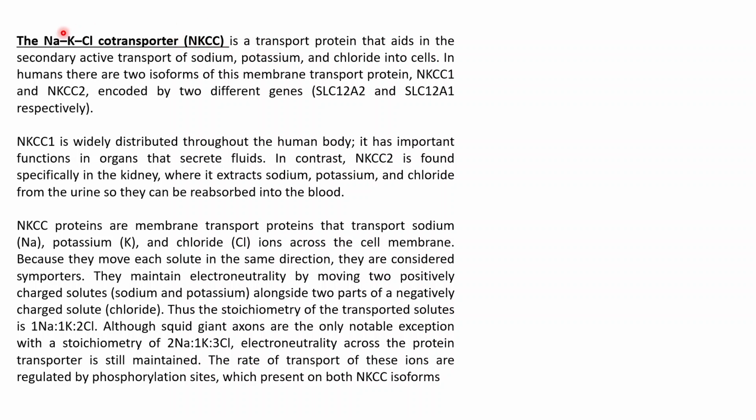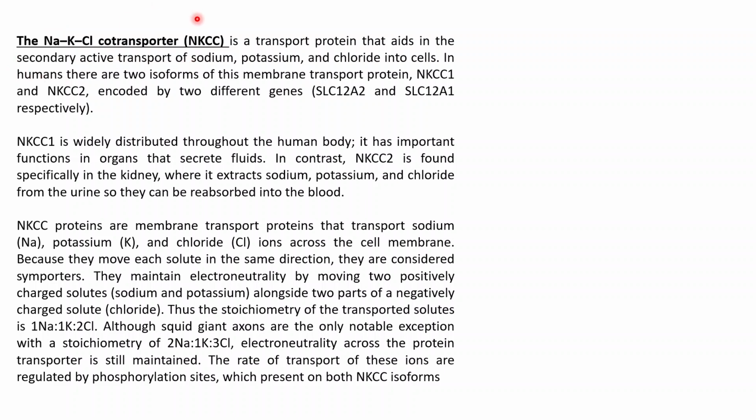Why? Because the primary active transport mechanisms utilize ATP directly, ATP lysis directly, and the energy released from it is what they directly use to set up a concentration gradient. And moving along that concentration gradient, you have symport antiport processes set up, which is the secondary active transport process.